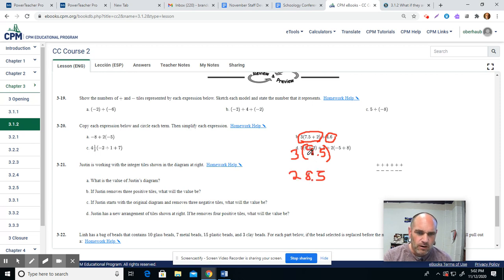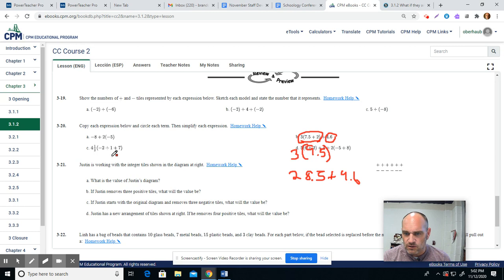So this part is 28.5 plus, now we have this term, which is 4.6. And then I line up my decimals and then finish this problem out. But I want you to notice, even though there's a plus sign here, it's really two terms. This, because all of this is together, it's 3 times the parentheses.